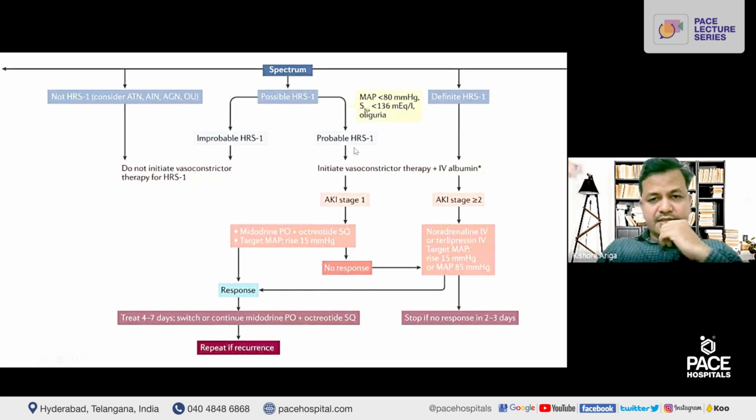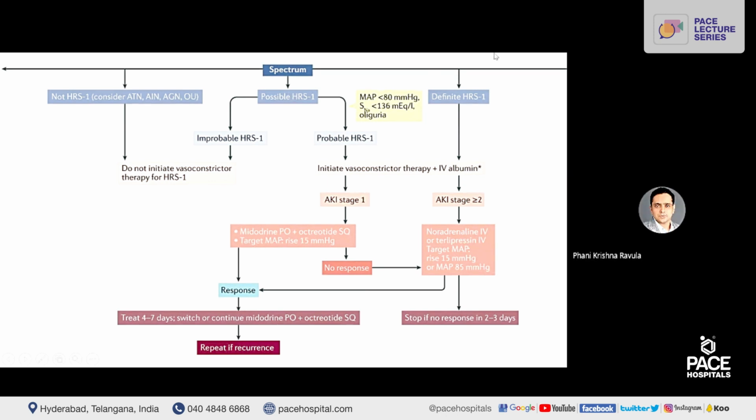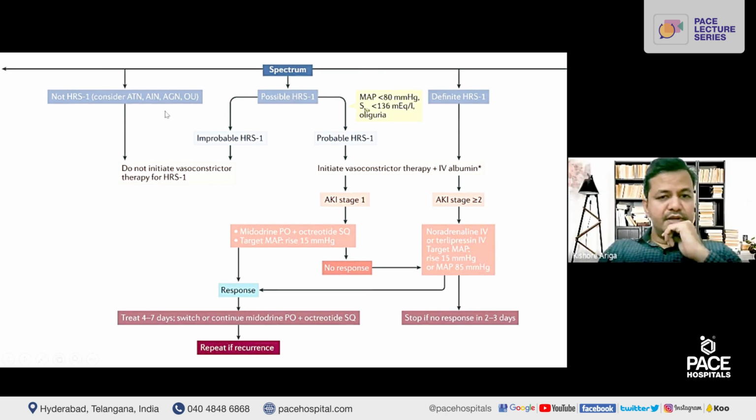After we make this distinction, if the case is not fitting into definite HRS and not fitting into definite non-HRS, we need to look at the mean arterial pressure, the serum sodium, and the fractional excretion of urea, and then we can label it as probable HRS and start vasoconstrictor therapy with albumin.